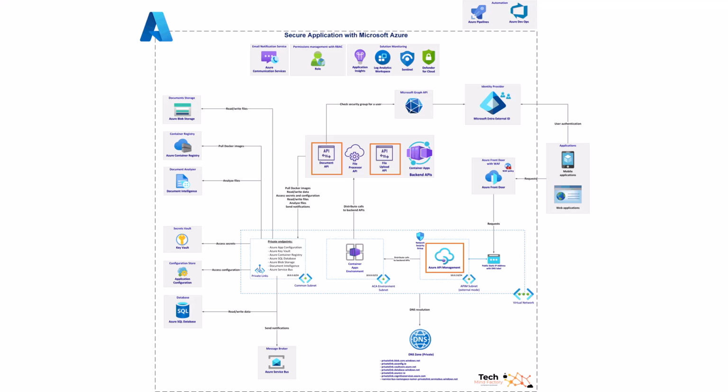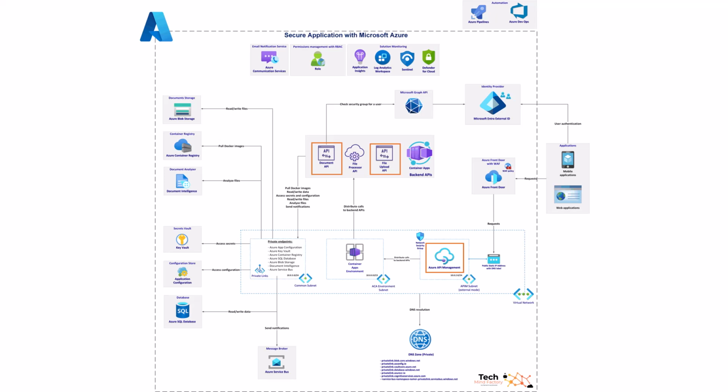But direct access to those APIs is not possible because the access is isolated. In the Azure cloud we have this Azure virtual network, and direct access from the internet to those APIs is restricted. So it's not possible to directly call those APIs.